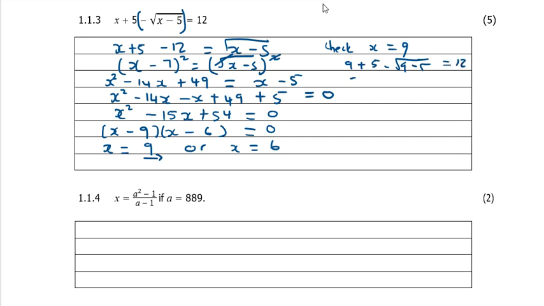Let's see. 9 minus 5 is actually equal to 4, so we've got the square root of 4. Square root of 4 is 2. 9 plus 5 is 14, 14 minus 2. So it turns out that that is the correct solution. And of course, if we plug x equals 6, it will not equal 12. So the solution is x equals 9.